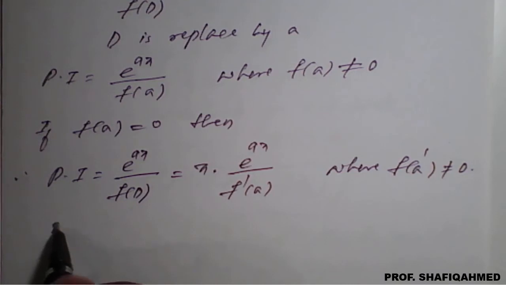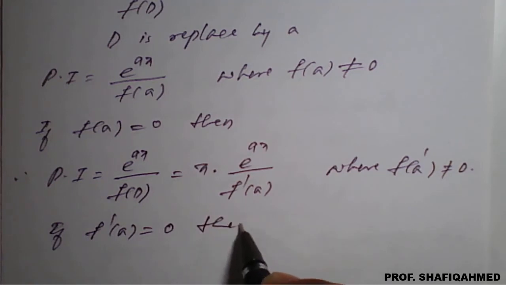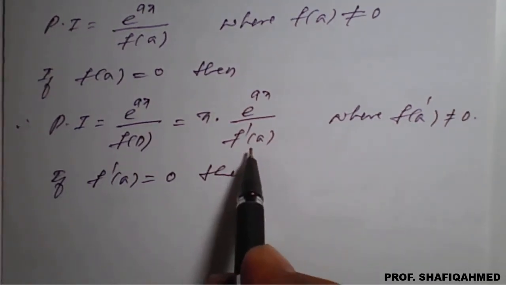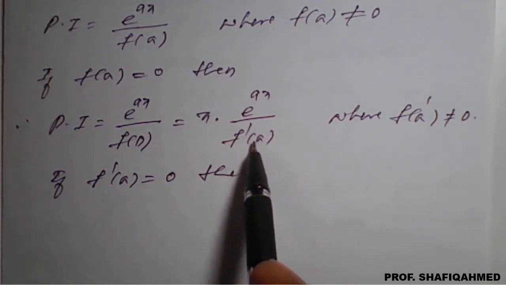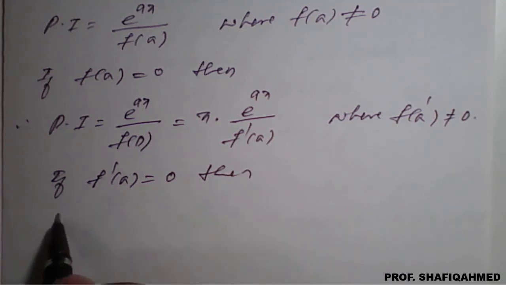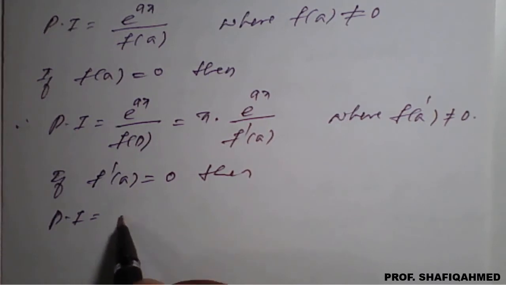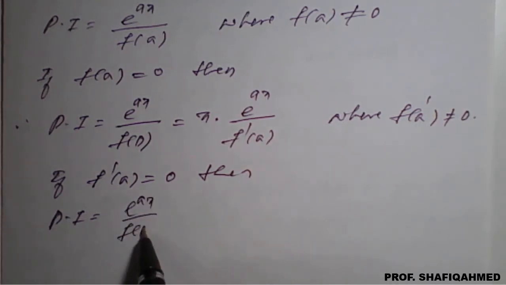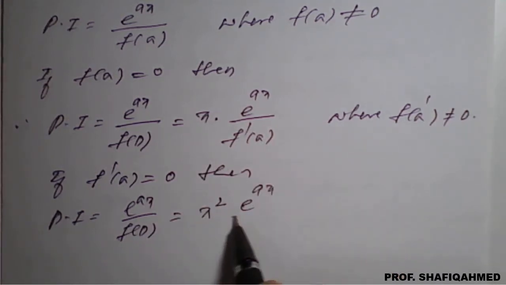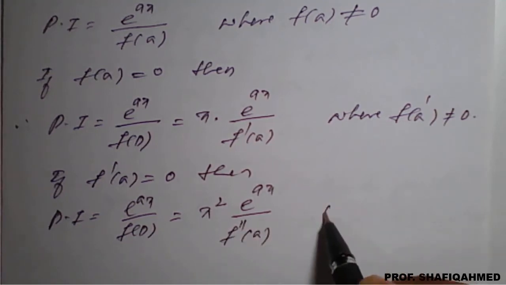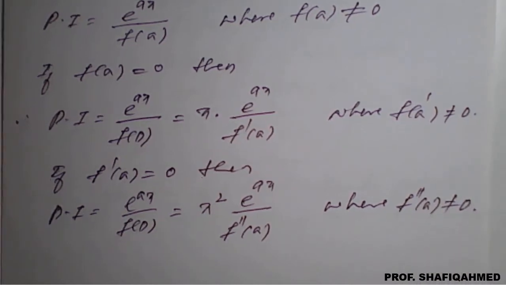If f dash of a is also becoming 0, then we have to differentiate f of D twice, taking f double dash of a. Then PI will become x square into e raised to ax divided by f double dash of a, provided f double dash of a should not equal 0, and the process will be continued.